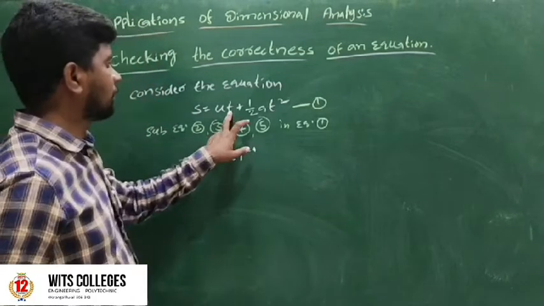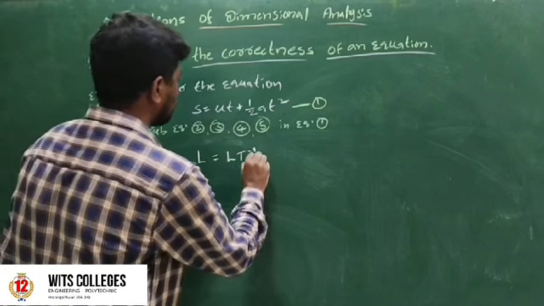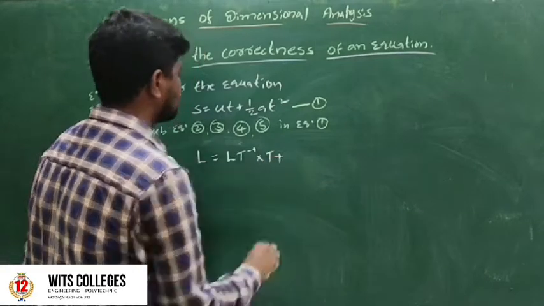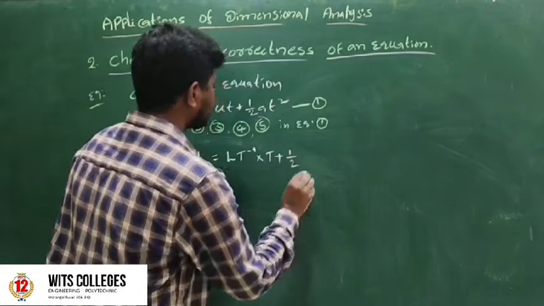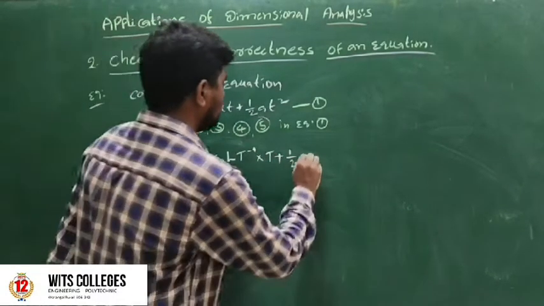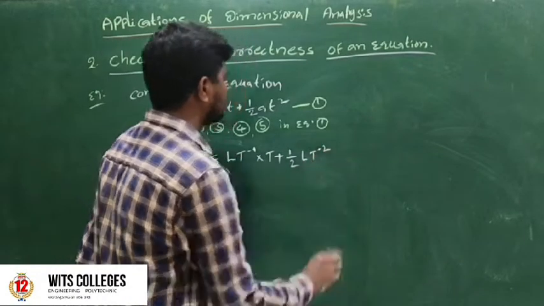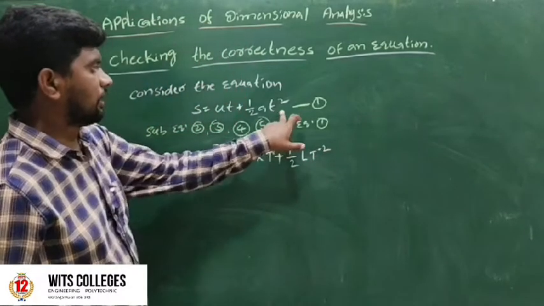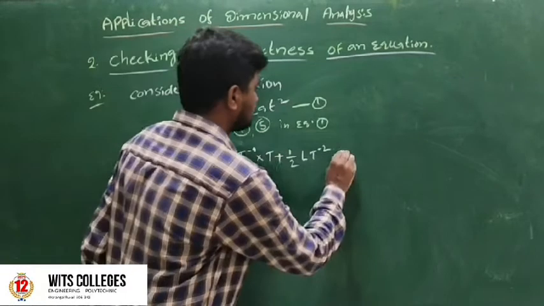The dimension formula of t is T, and then plus 1/2. The dimension formula of acceleration is L T^-2, and t squared is T².